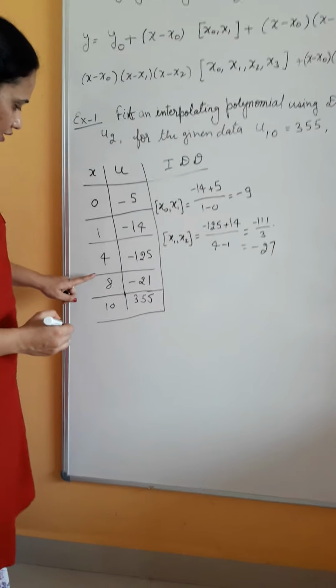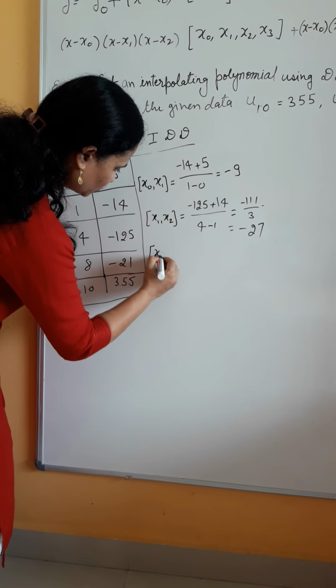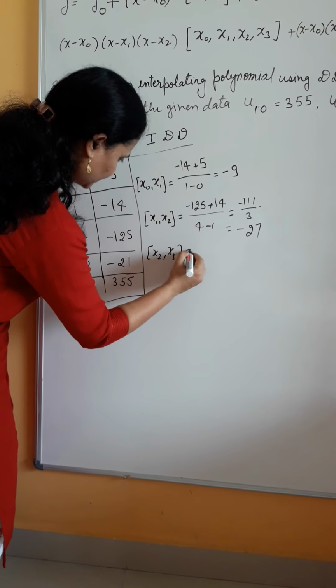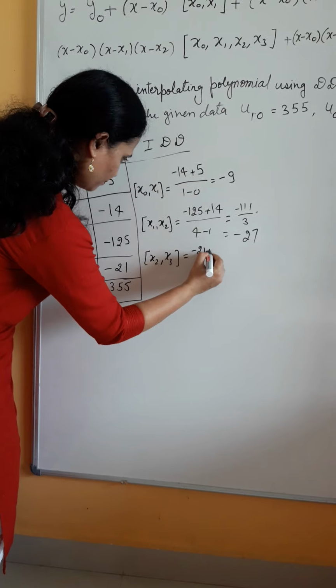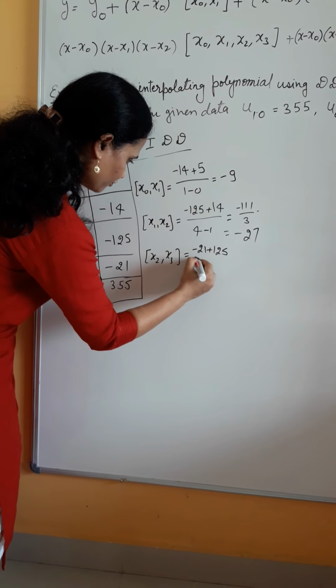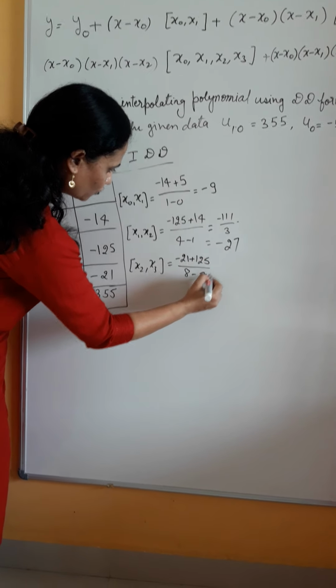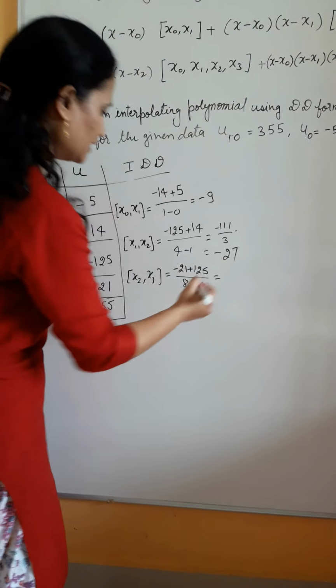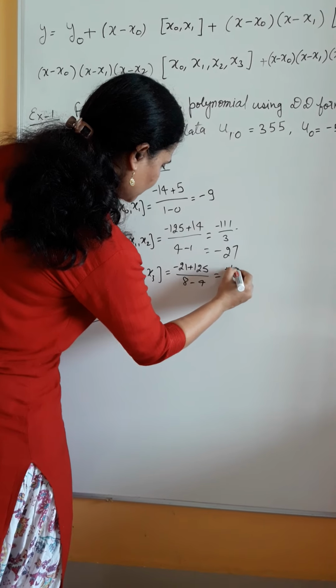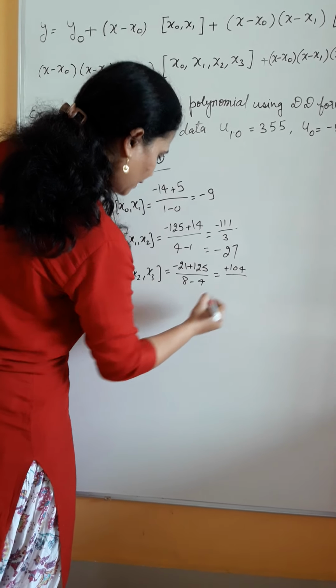Is it correct? Then x2, x3: -21 plus 125 divided by x3 minus x2, 8 minus 4, which is 4. Now it is 104 divided by 4.